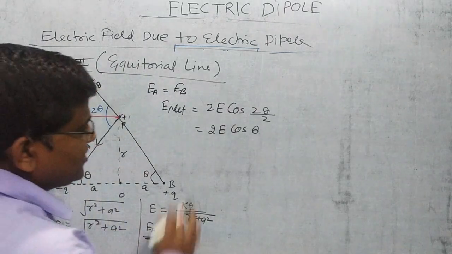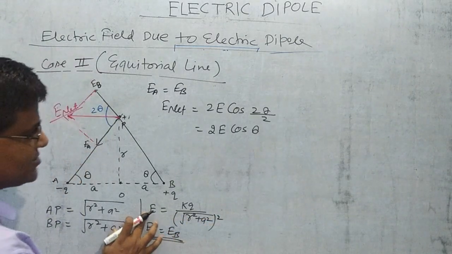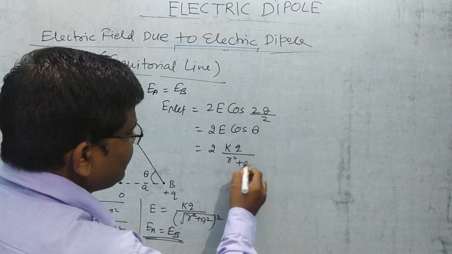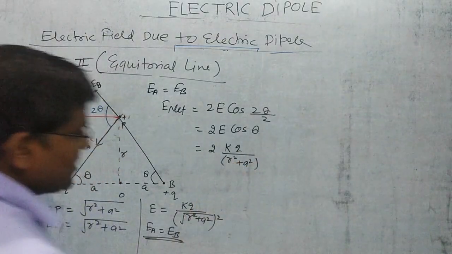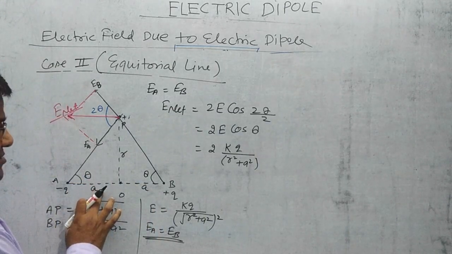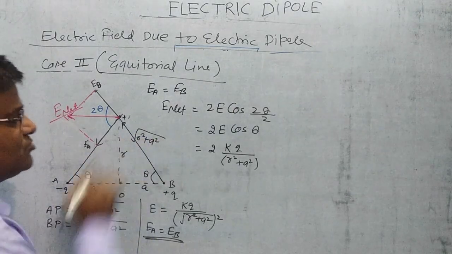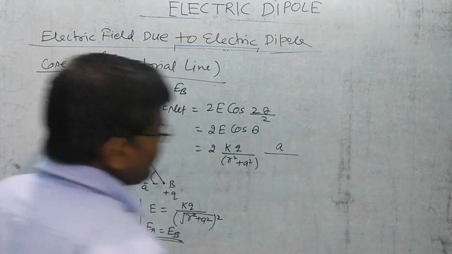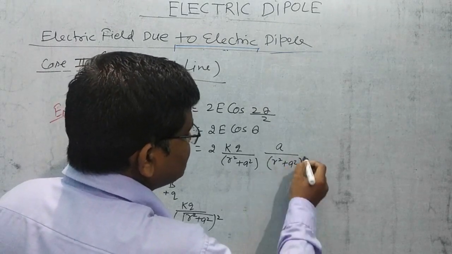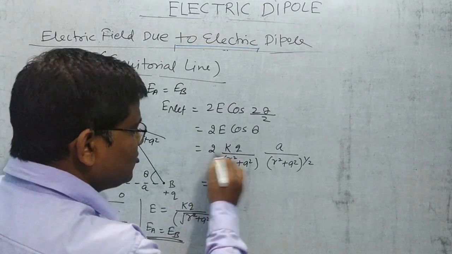And the value of E is this, then 2 into KQ upon R square plus A square. And cos theta is base by hypotenuse. This one is the base, and this one is the hypotenuse, root of R square plus A square. Then it becomes A by R square plus A square to the power 1 by 2. Then it becomes K 2QA.